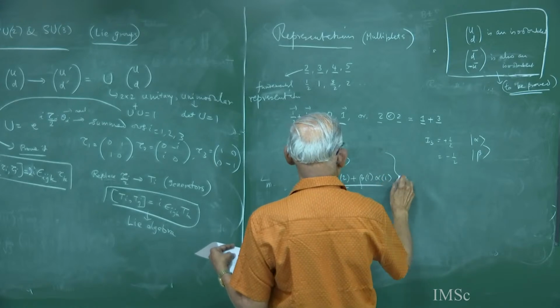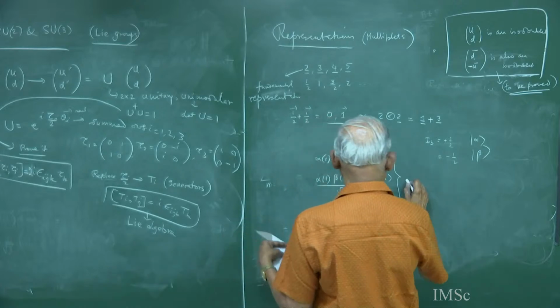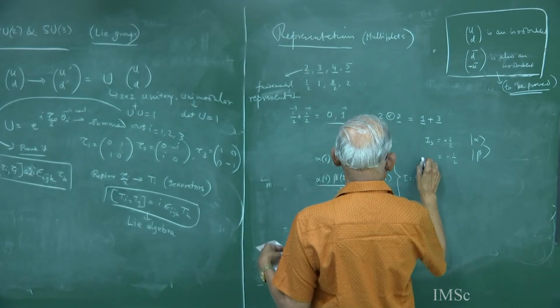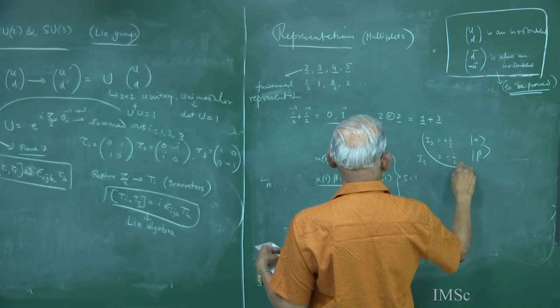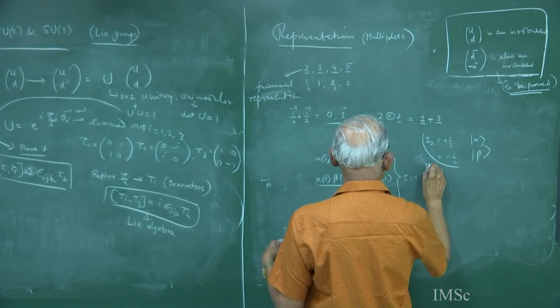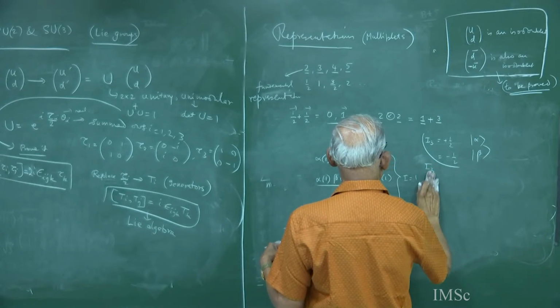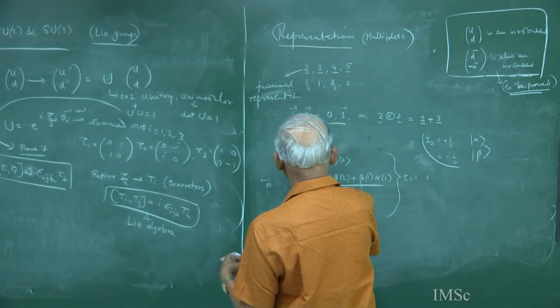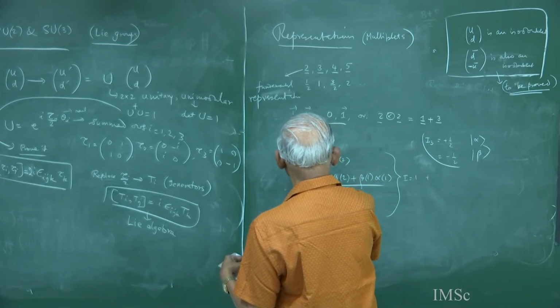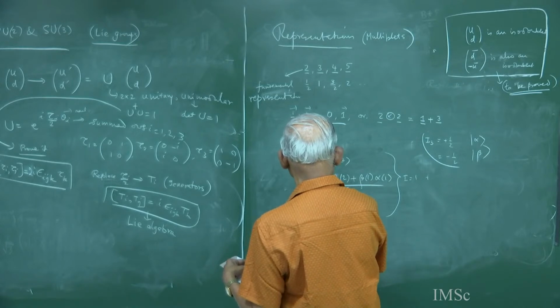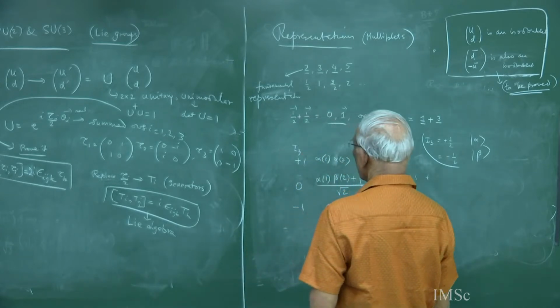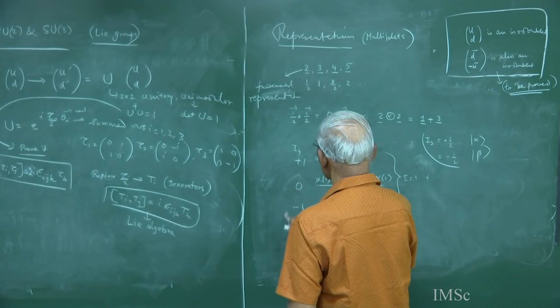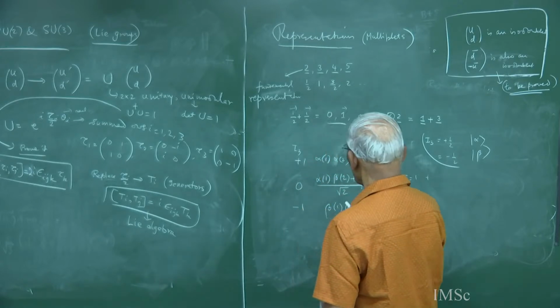So these are the three members of the triplet, namely I equal to 1, with I3 being plus 1, 0, minus 1. But the symmetry characteristic for the different multiplets has to be exactly the same. All of them are symmetric.